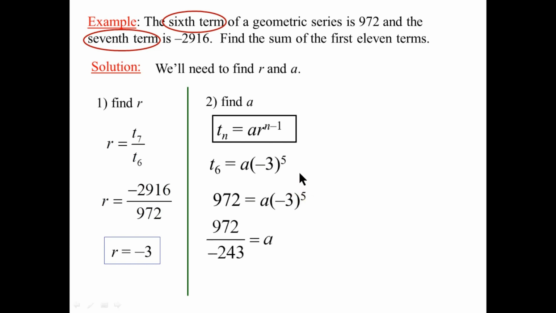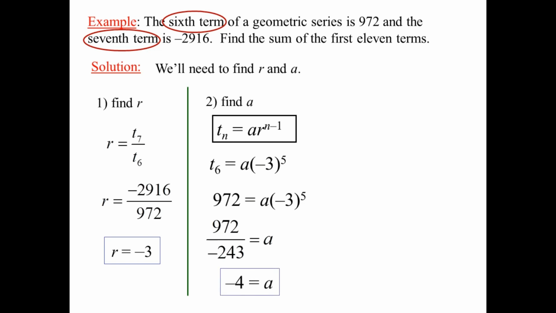Some simple math. Now this negative 243 comes from the fact that negative 3 to the 5th is negative 243, and then divided under, because 3 to the 5th is 243, so negative 3 to the 5th is negative 243. Perform division, and we have our A value.